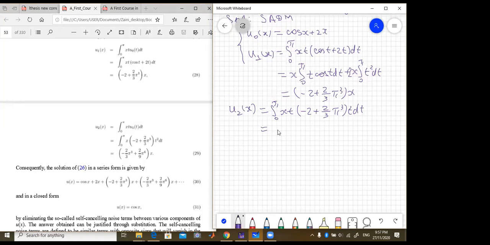Because this is easy computation, minus 2 over 3. But as for you, you have to calculate pi cube plus 2 over 9 pi to the power 6, then x. Actually, x we can factor out, then the rest is just a simple solution. Yes. So then u3 and so on.